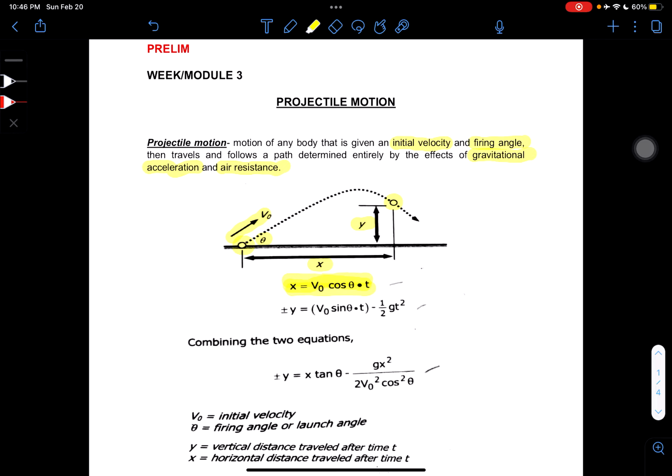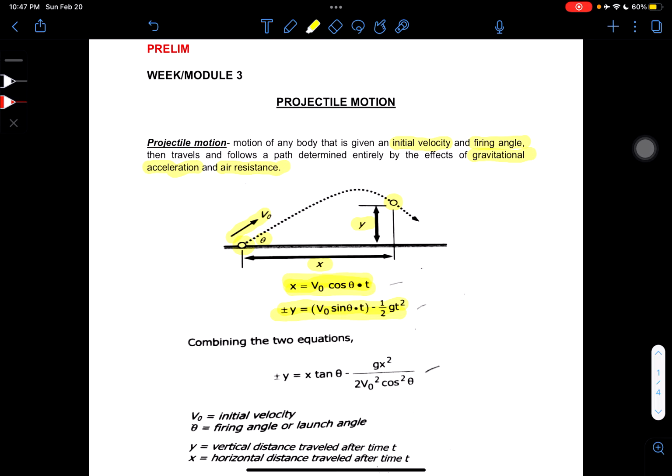And solving for our y, the distance of our object to the ground, we have initial velocity multiplied by sine theta multiplied by our time minus 1/2 g t squared. So this is a constant formula.